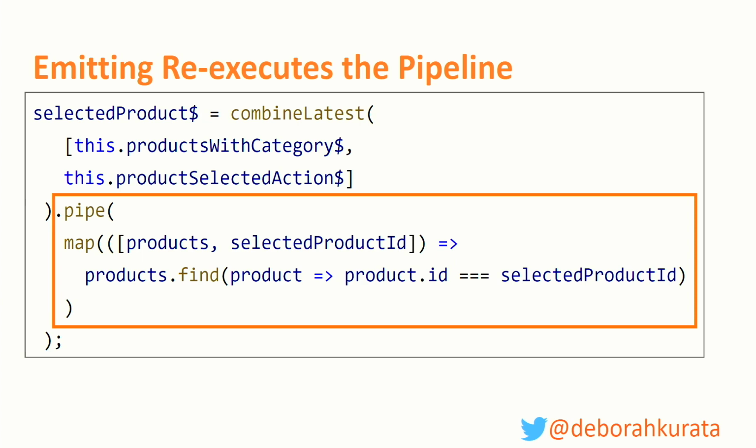And what happens when it re-emits is it re-executes your entire pipeline. So next time that productSelectedAction emits something else, it reruns your pipeline and refinds the new product, and since it's all set in the component and bound in the template, it's going to have change detection automatically and display the new product.